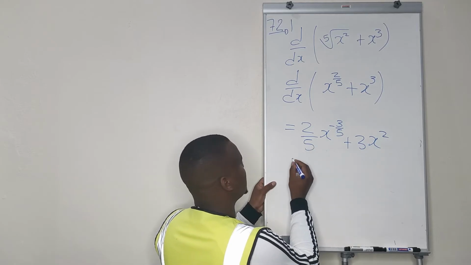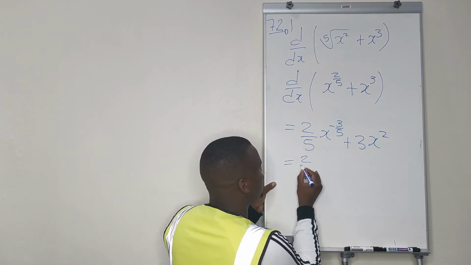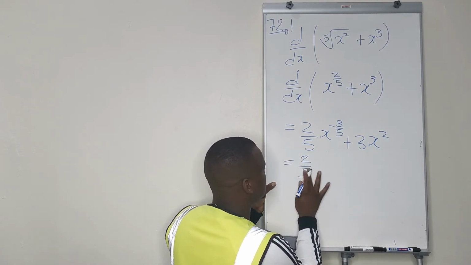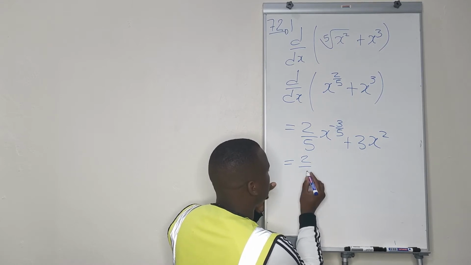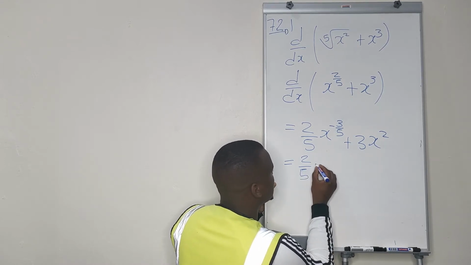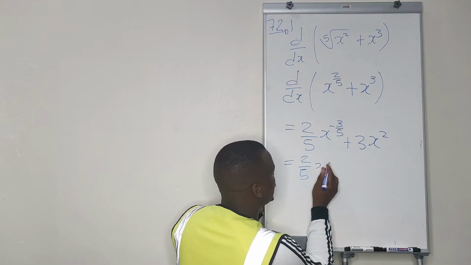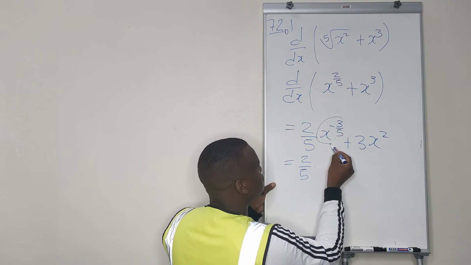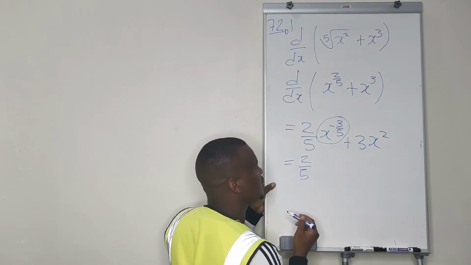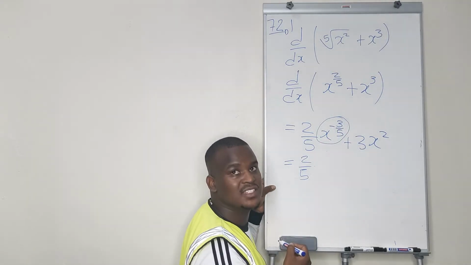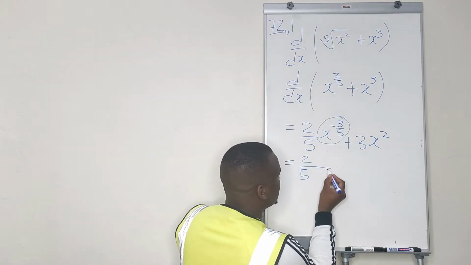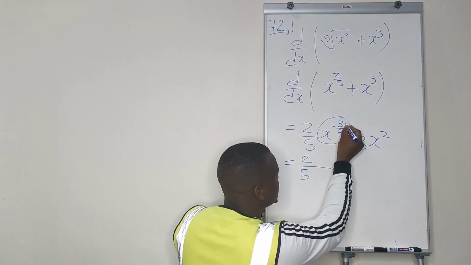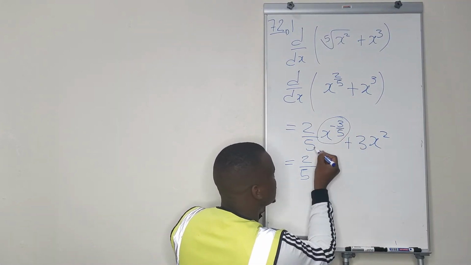So to simplify it further, you can say, okay, 2 over 5, then you take this part to your denominator so that it can stop being negative. So this goes to your denominator, next to 5 here.